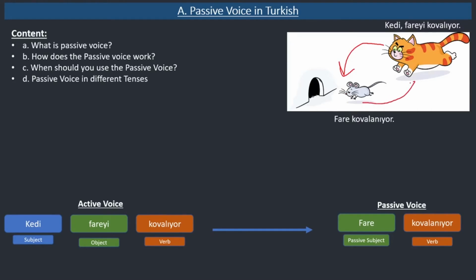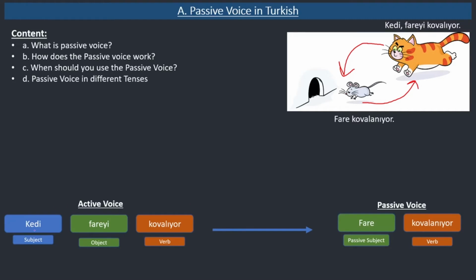Fare kovalanıyor. I will also explain what all of these vocabulary are. So cat, mouse, and kovalamak is to chase. So the cat is chasing the mouse, and the mouse is being chased by the cat. That's all about the passive voice.